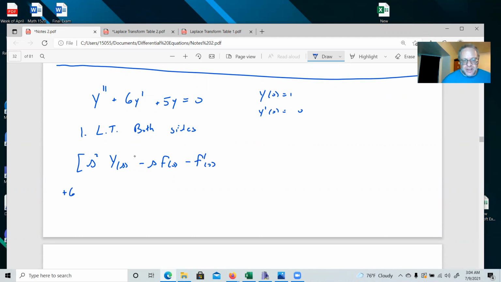Plus 6, be careful with the 6, times s Y of s minus y of 0, plus 5 Y of s. Nothing else. On the other side, it's a proper, nice linear transformation, and the transform of 0 is 0.